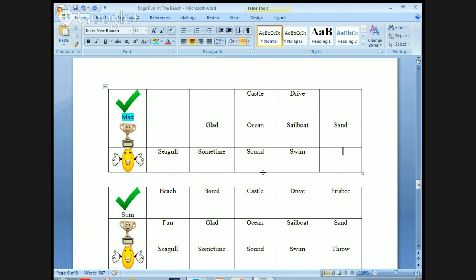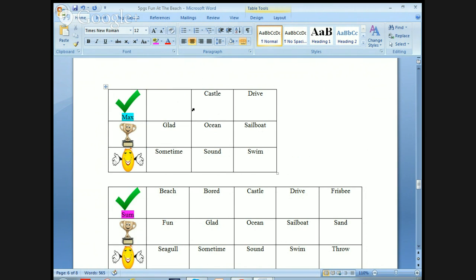We built a big sand castle. We noticed one seagull. This seagull sounded like a war.